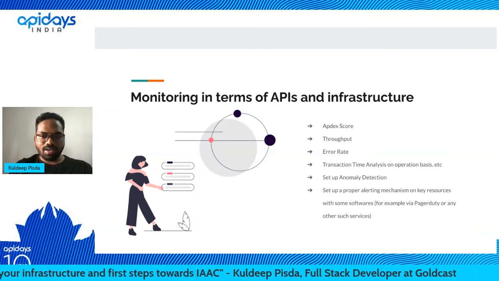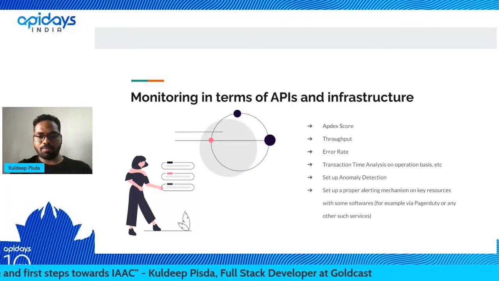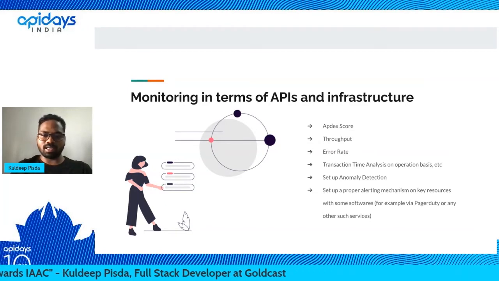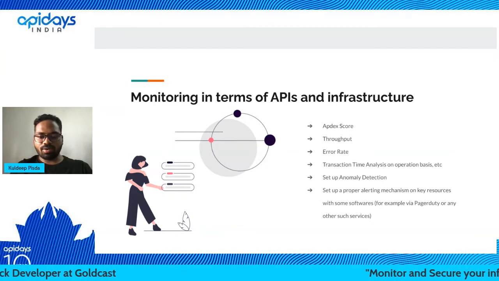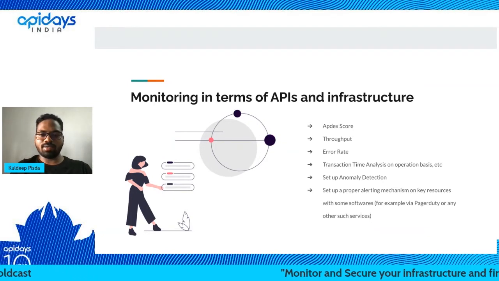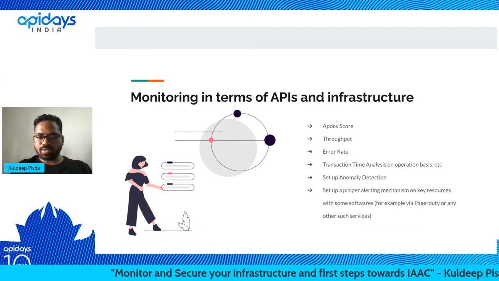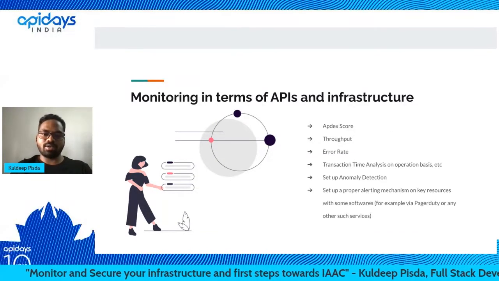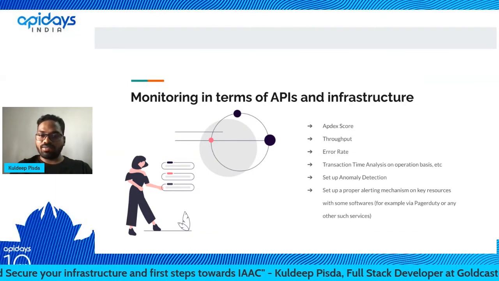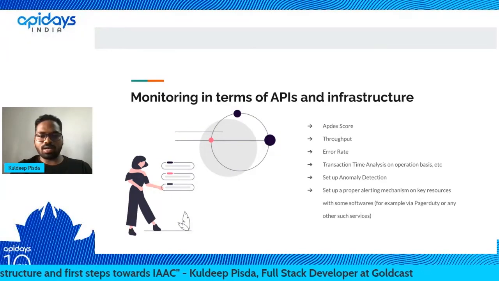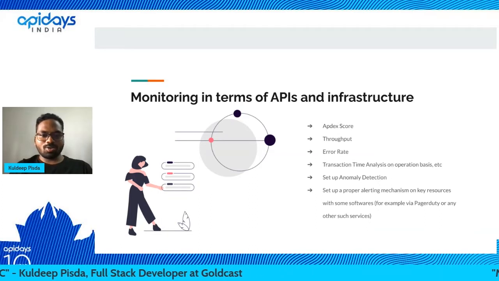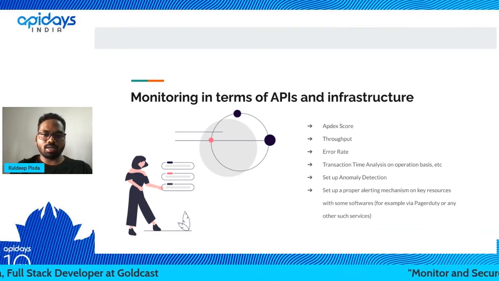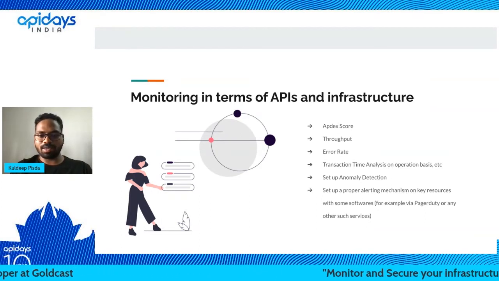For example, we define a threshold that all our APIs must respond within 100 milliseconds to most of the API calls. There is a formula for calculating the score, and with that formula we try to find whether around the 90th percentile of our users are actually getting served within that threshold or not. If they are not, then we need to do something about it.